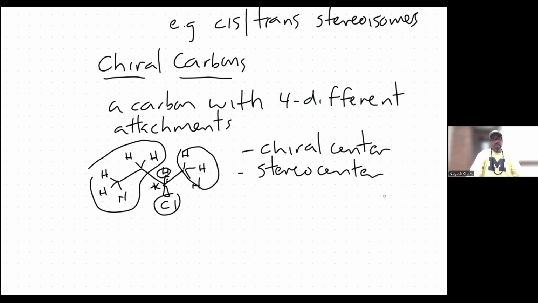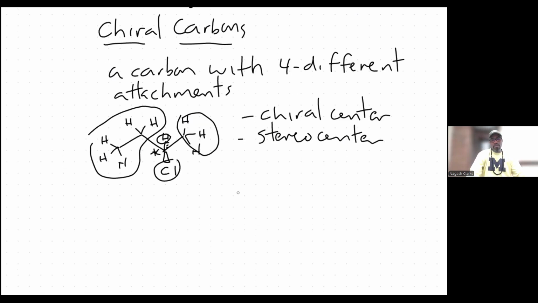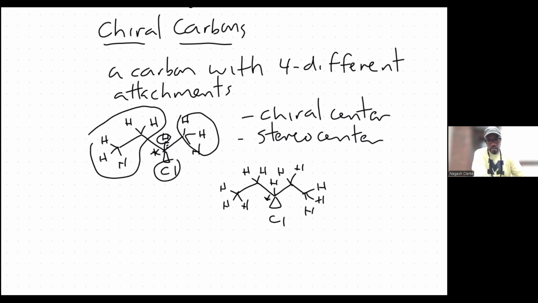Now let's compare it to this molecule. There are no chiral carbons here because each carbon has at least 2 of the same thing attached. All right, so if we look at this carbon here, it has an ethyl group on one side, another ethyl group on the other side.